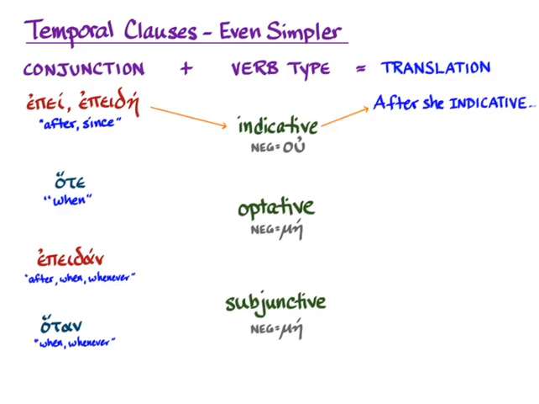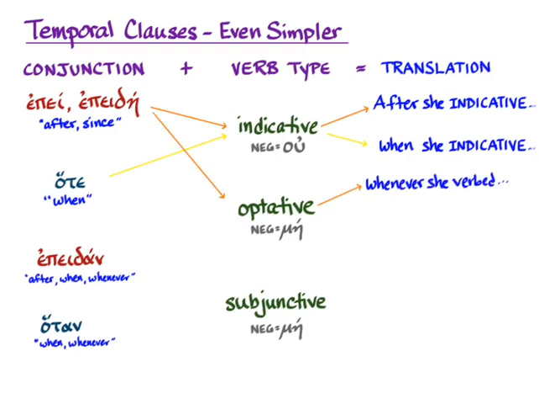And if you get epei and the indicative, simply translate after she, whatever the indicative verb is. If you get hote and the indicative, simply translate when she, whatever the indicative is. If you get epei and the optative, simply translate whenever she verbed.